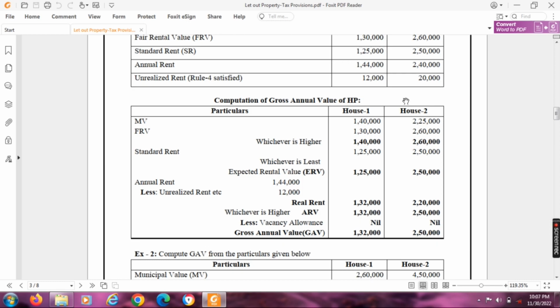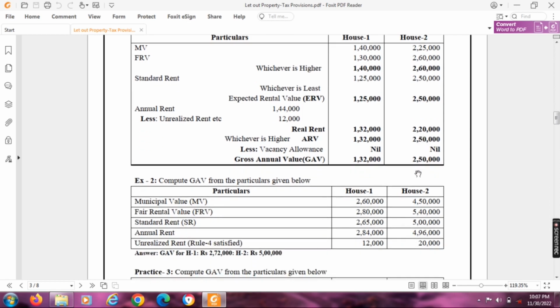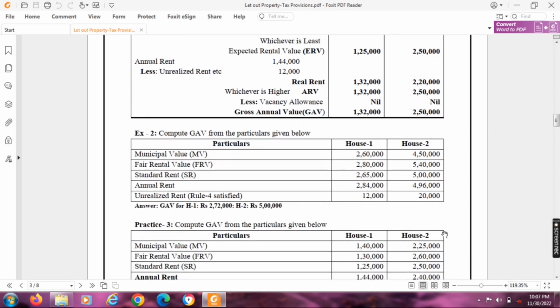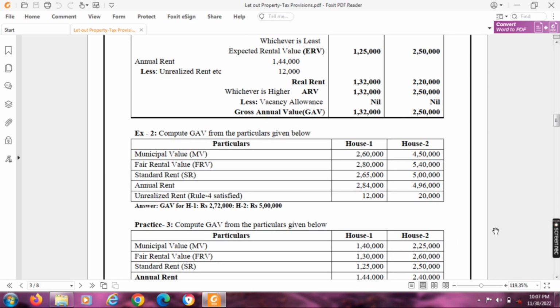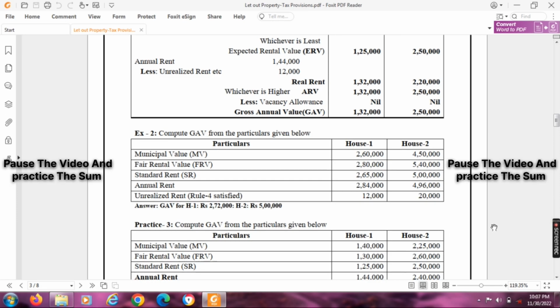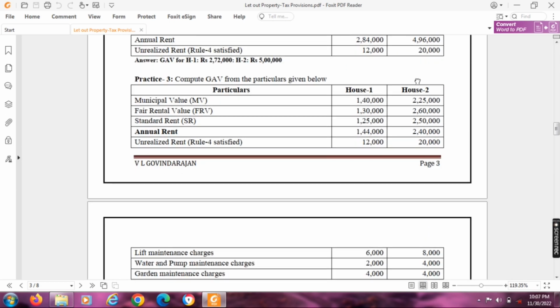If there is any vacancy allowance, that should be deducted from the annual rental value. So annual rental value minus vacancy allowance is called the gross annual value. Listeners, in the same pattern, you can practice exercise 2 and verify the answer.